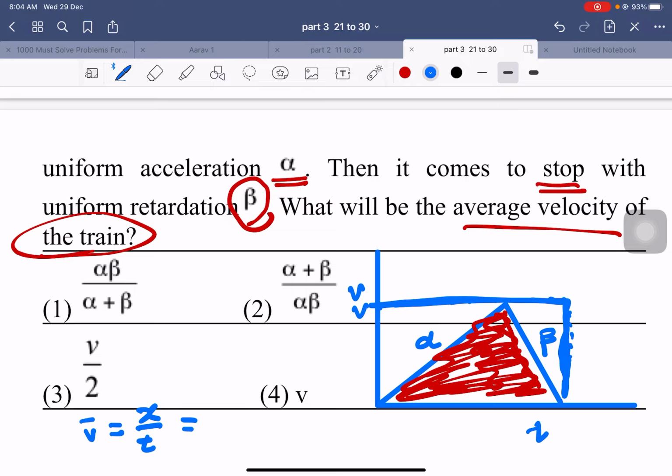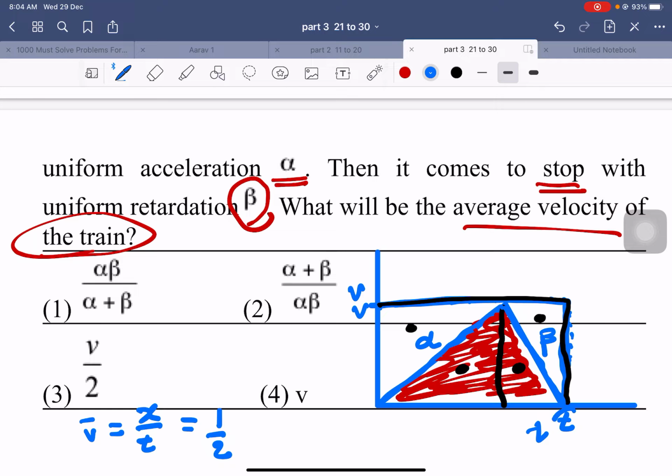So you can try to understand. See this. This area is equal to this area. So half of the area of this rectangle is equal to the area of this triangle. Therefore distance traveled equals area under this VT curve, half into base into height.